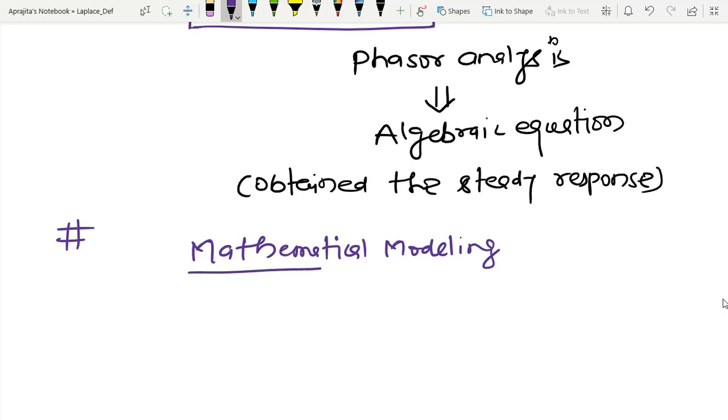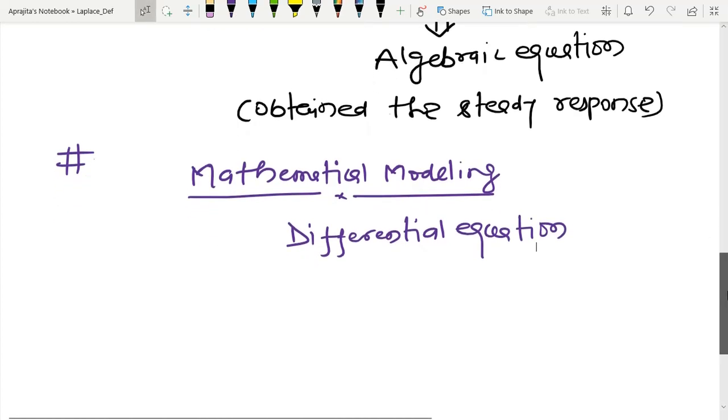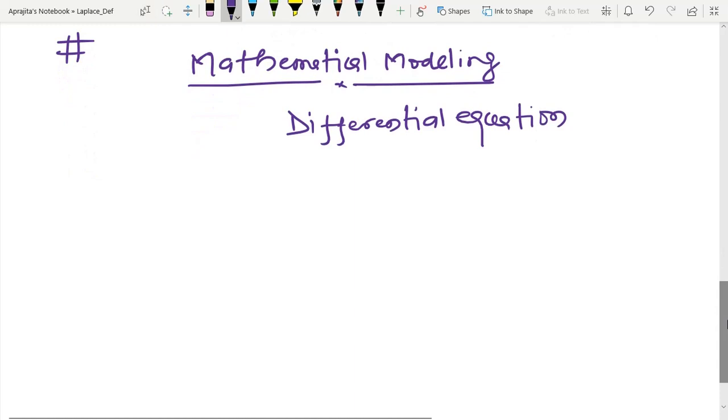So mathematical modeling means I have a differential equation, and modeling of circuit you can write, because here in this course I am going to deal with circuits.